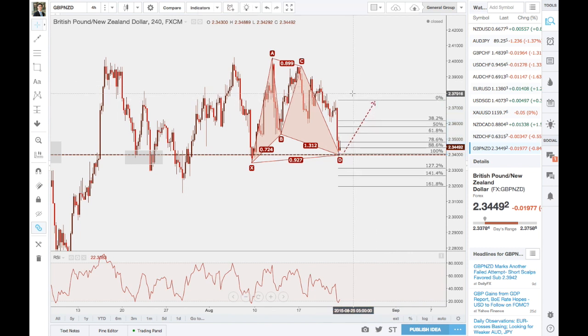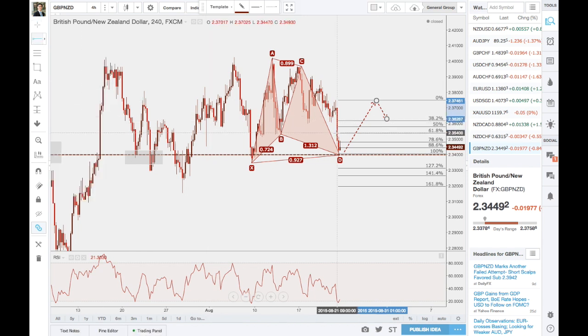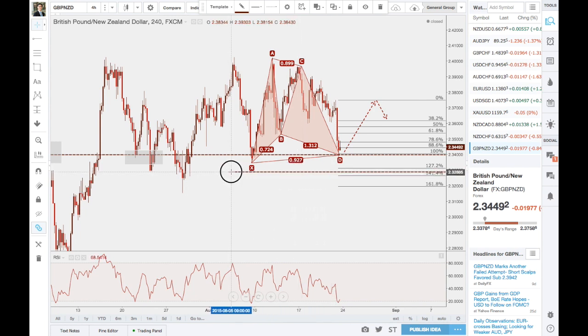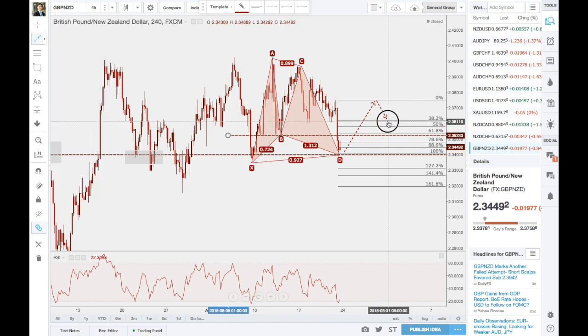If price comes up and it does a little retracement, we'll be moving our stops from the initial low at X up towards just below the 618 of this retracement. And what we'll be expecting is that price will continue its uptrend and continue higher.